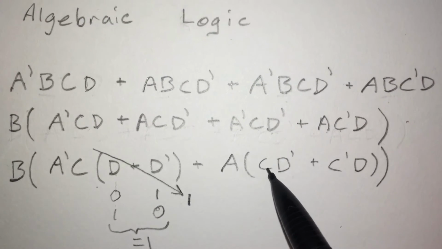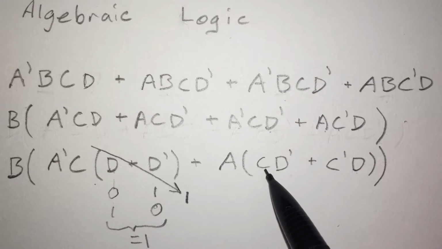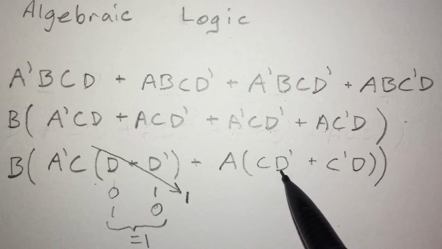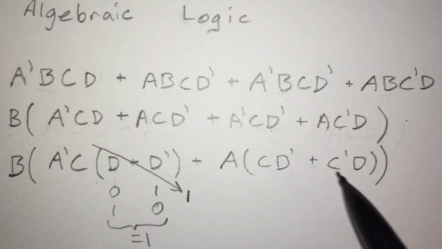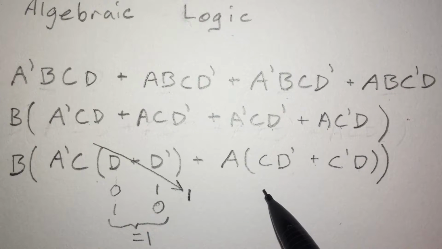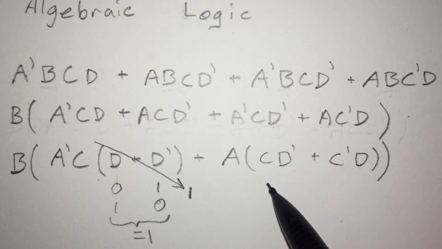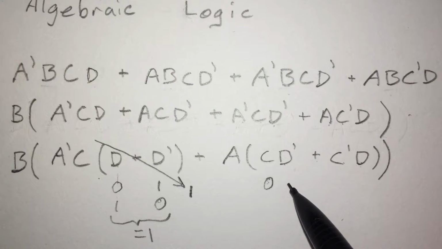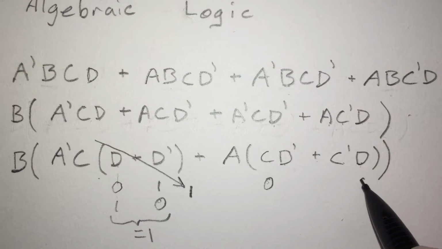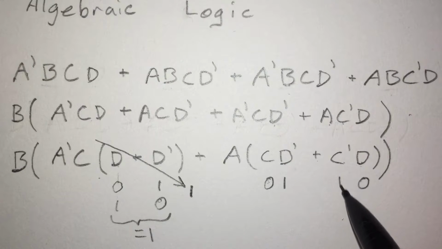Now, we look at this inside term, and we see something peculiar. C and D naught, or C naught and D. So whenever C is 0 and D is 0, D naught will be 1 and C naught will be 1.